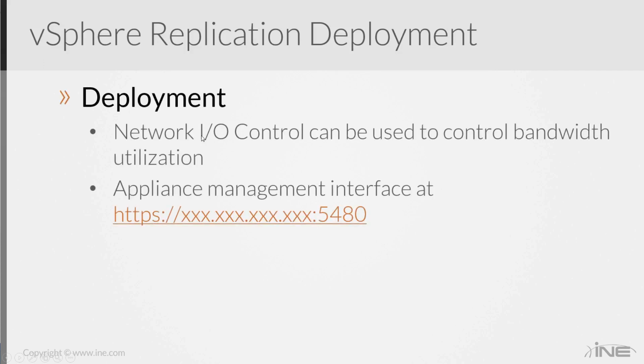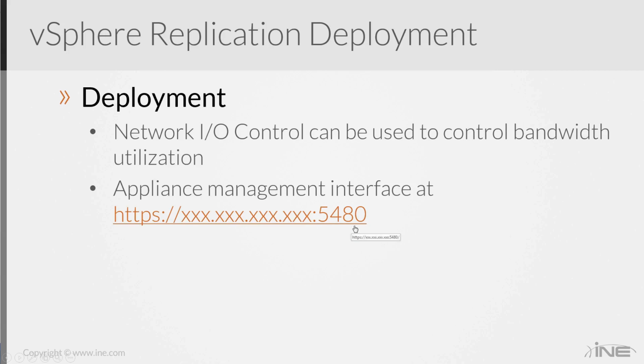We can also use Network I/O Control to control the bandwidth utilization for this. In this case, we wouldn't be doing that. I have also listed here the connection for our appliance. We'll just use the IP address that we deploy the appliance at with port 5480.